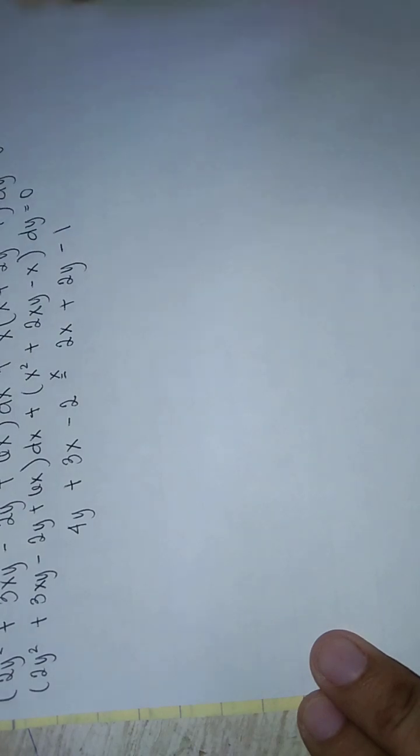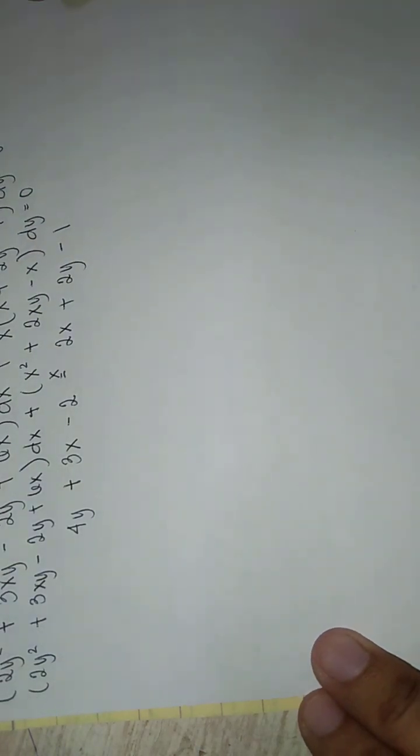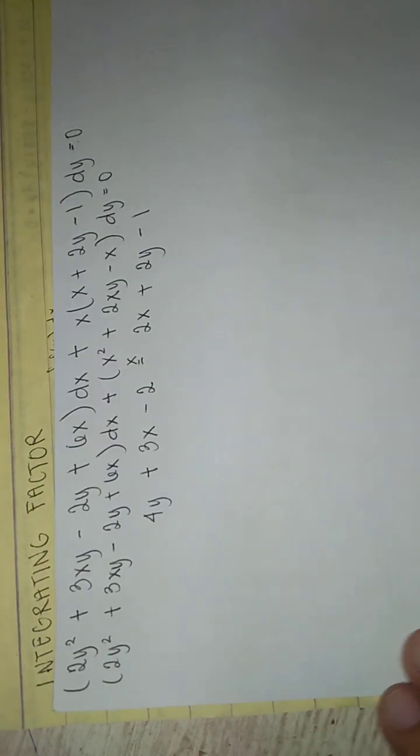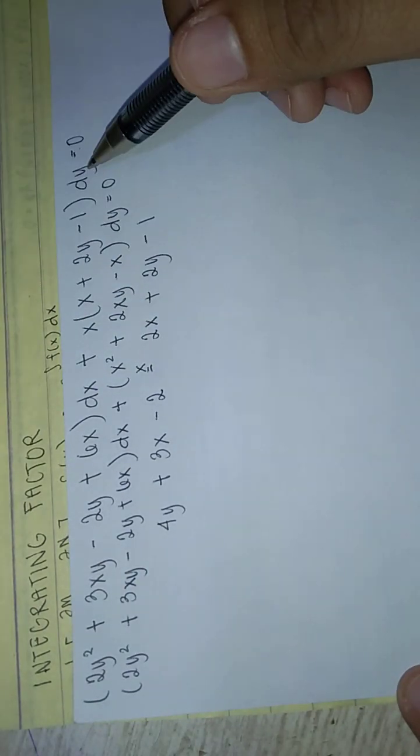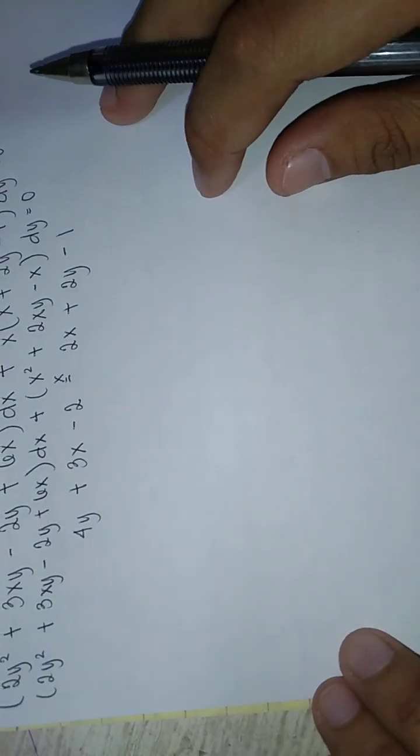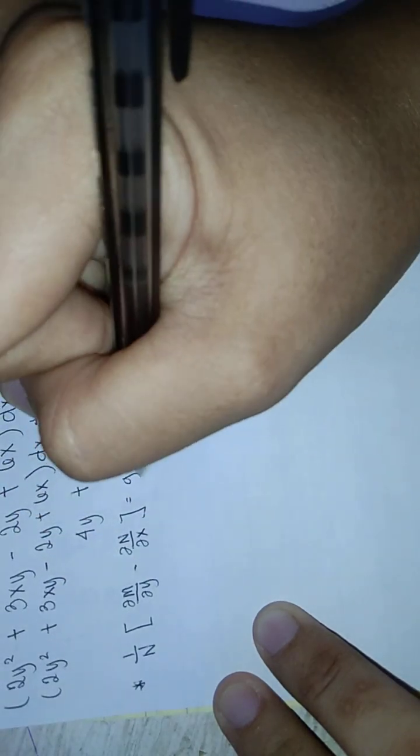It's hard to identify which integrating factor rule is easier to solve, but in this problem I think we're going to use the one with N, since this looks simpler. So we'll have this one, then just substitute it.